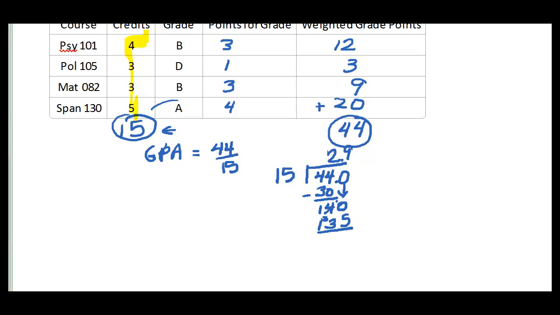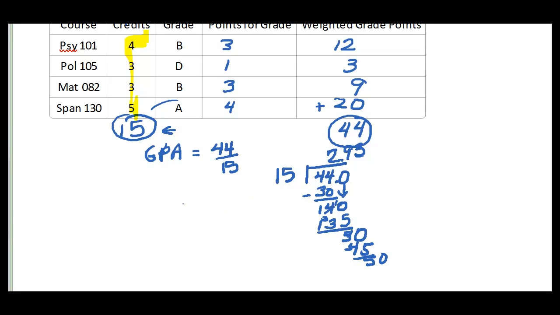And we subtract, we have a 5, bring down another 0. GPA is usually 1 decimal place, sometimes 2, so we need to round. Let's go one more. 15 goes into 50 3 times, and that's 45, and we subtract and get that 5 again.